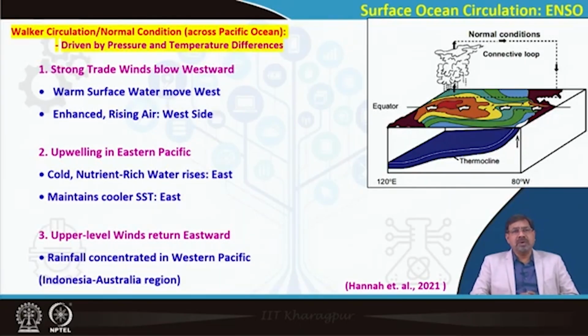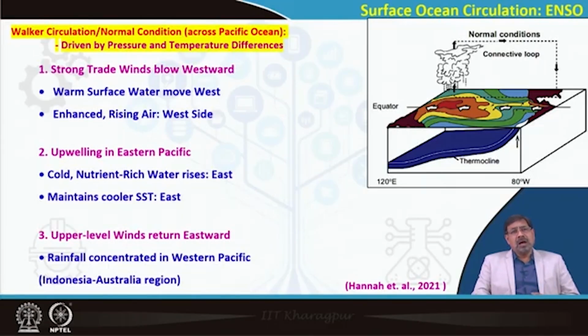The first one, strong trade winds blow westward, that means the warm surface water moves in a westward direction, which leads to enhanced rising air in the western side. In terms of upwelling in the eastern Pacific, cold and nutrient rich water rises, and that is how they maintain cooler sea surface temperature or SST in the eastern side.